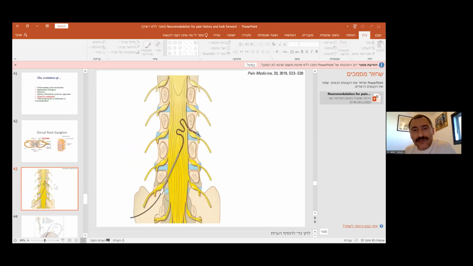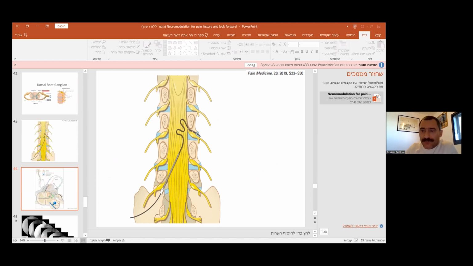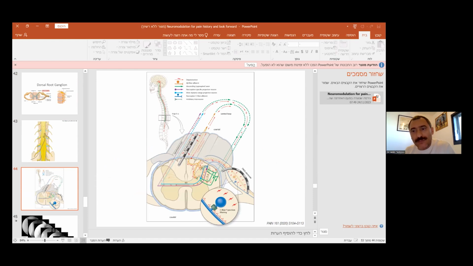We can put the electrode in the nerve foramina with the stimulation of the dorsal root ganglion. It appeared that the mechanism of such stimulation in pain treatment is absolutely different from spinal cord stimulation. Here, we can activate so-called T-junction cells, pseudo-unipolar cells in the dorsal root ganglion, with blocking of pain propagation.